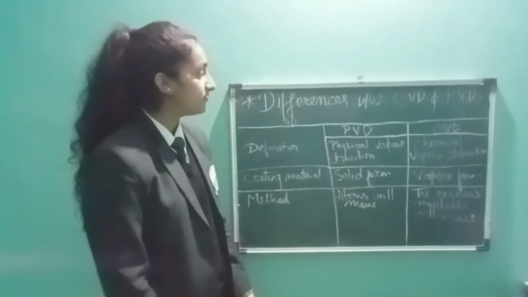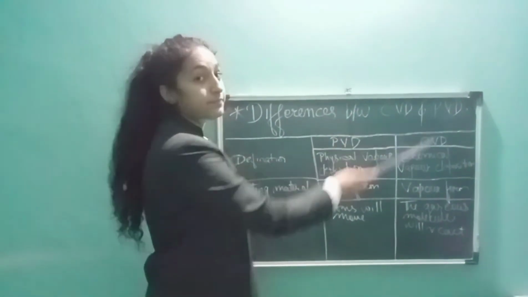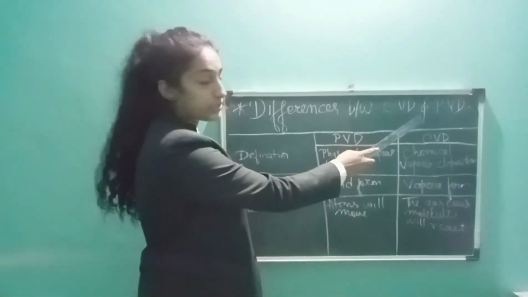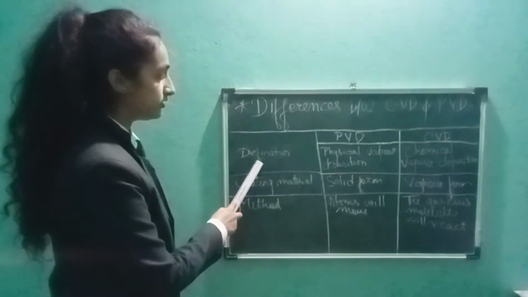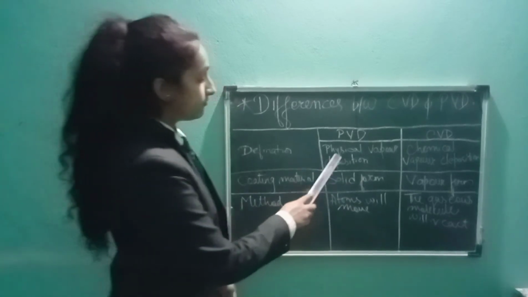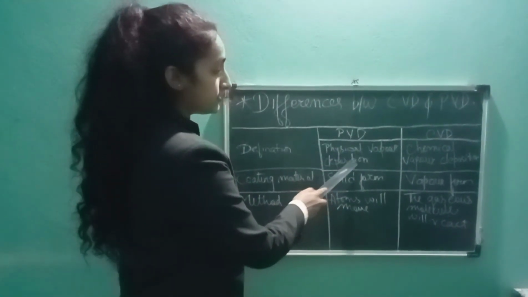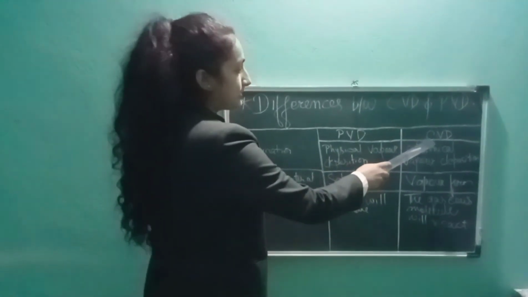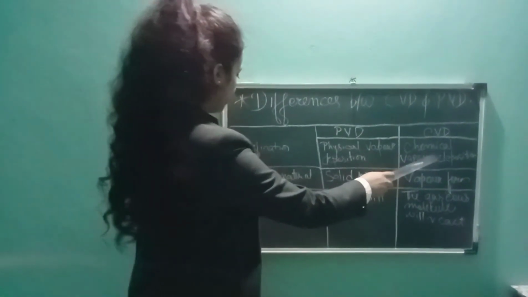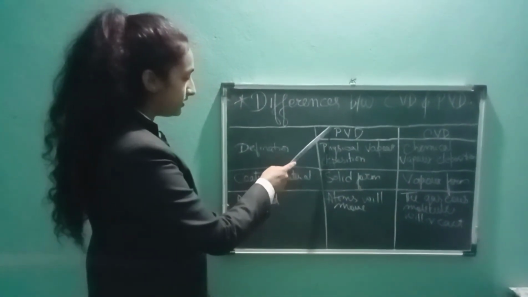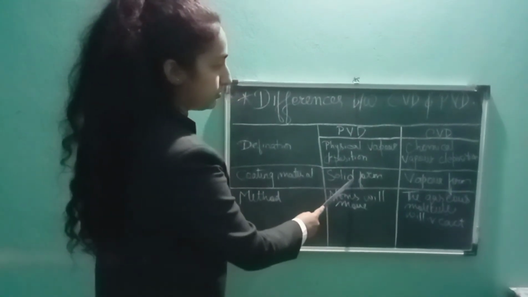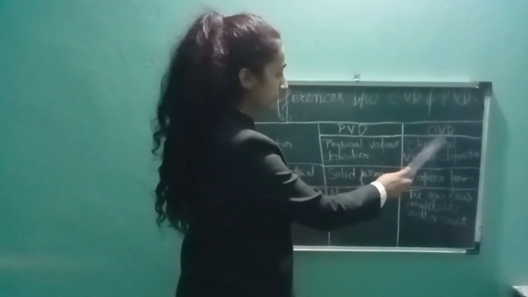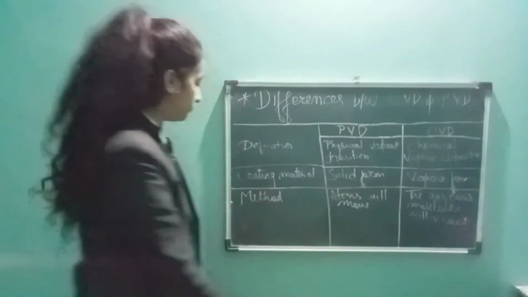Now, let us see the differences between CVD and PVD, that is chemical vapor deposition and physical vapor deposition. Differences in definition. PVD means physical vapor deposition, whereas CVD means chemical vapor deposition. In PVD, for coating material, solid form is used, whereas in CVD, for coating material, vapor form is used.